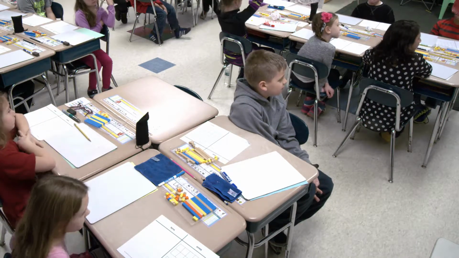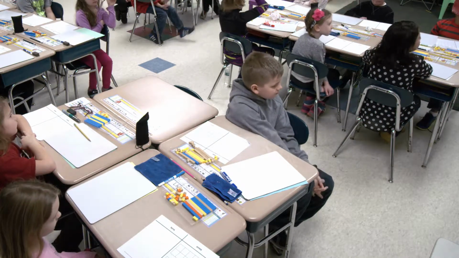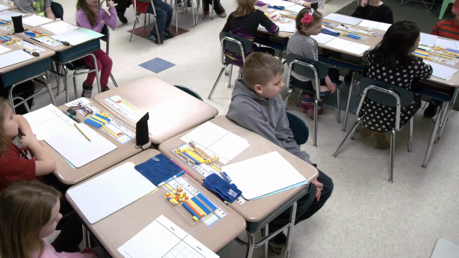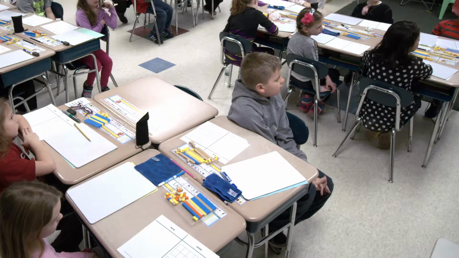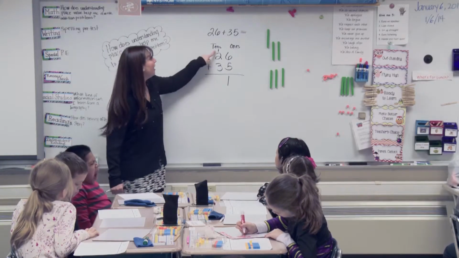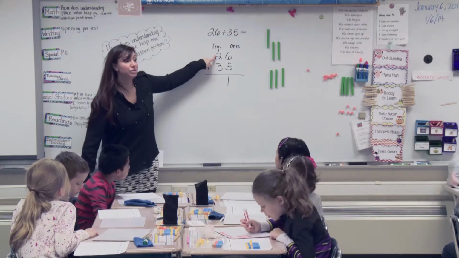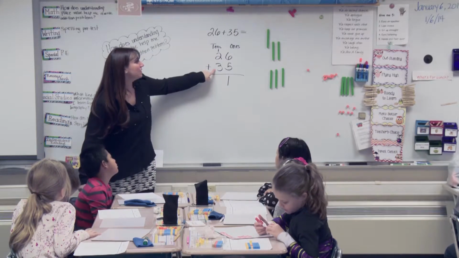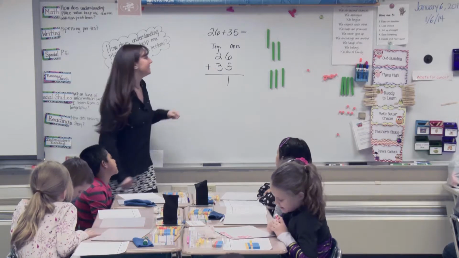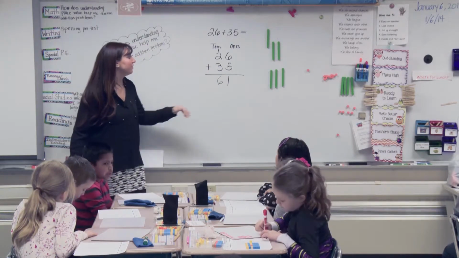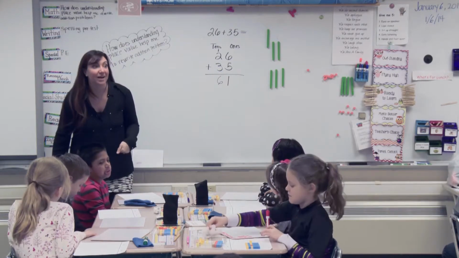The extra 10. So don't forget to add that 10. A lot of times we forget to add the 10, and if you don't, your answer is not going to be correct. So I have 1 10 plus 2 10s makes 3 10s, and 3 plus 3 equals 6. So 26 plus 35 equals 61.